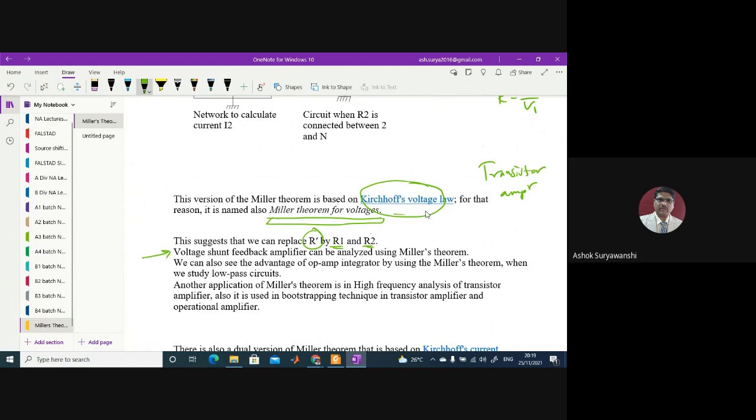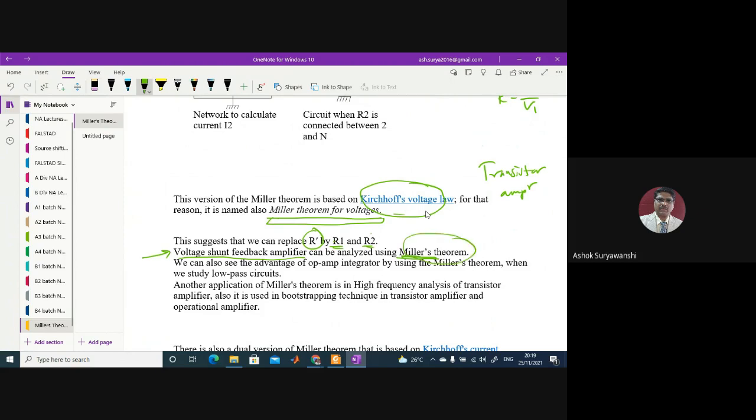Because in amplifiers, negative feedback is used. In oscillators, positive feedback is used. When you are analyzing the voltage shunt negative feedback amplifier, it is always analyzed using Miller's theorem. So in EDC or similar subjects, you will have to understand the importance of Miller's theorem, right?